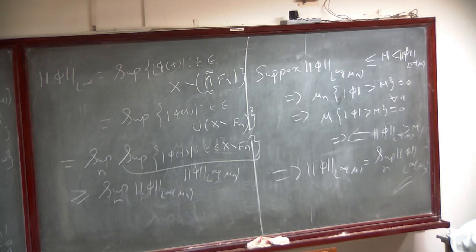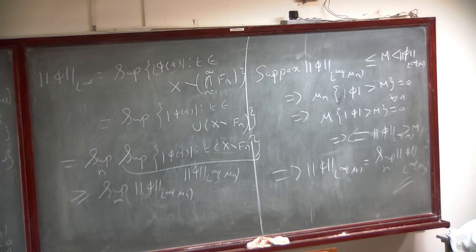Direct sum, you forget the unitary. That is your pi tilde. The pi tilde norm is just the diagonal operator, right?